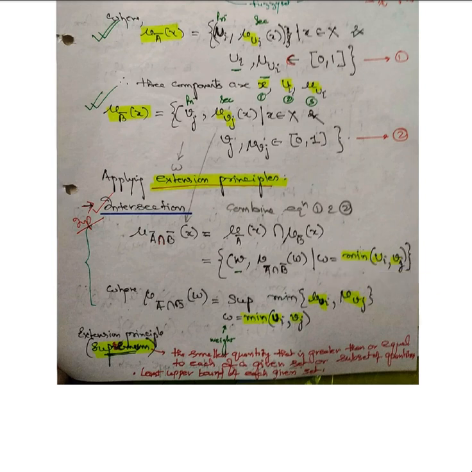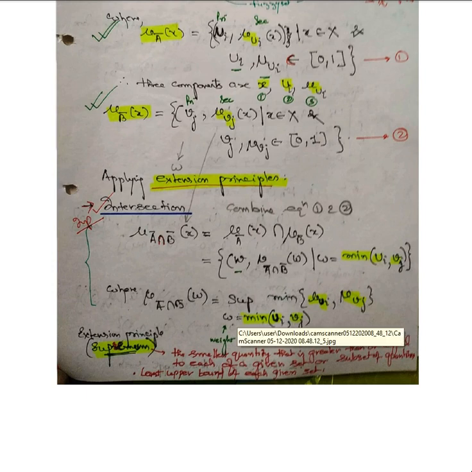If you look at the bottom side, it is the smallest quantity that is greater than or equal to each of the given set and subset of quantity, the least upper bound of each given set. That means you have a collection of sets. In that, among the minimum sets, you take the maximum, the highest one. That is how it looks. So it looks for the supremum of the minimum of mu Ui and mu Vj.